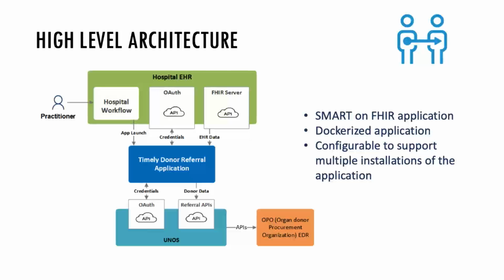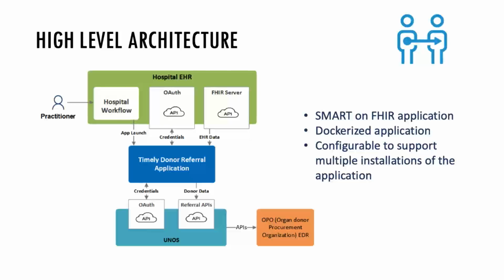For the hospital EHR, using the OAuth credentials and the FHIR server, the donor records are collected and presented to the practitioner. The practitioner in turn can validate this data, add missing information, and then trigger a push of this data to UNOS. Once triggered, on the UNOS side, using the OAuth at UNOS and the referral APIs, the data would be passed to the UNOS system.